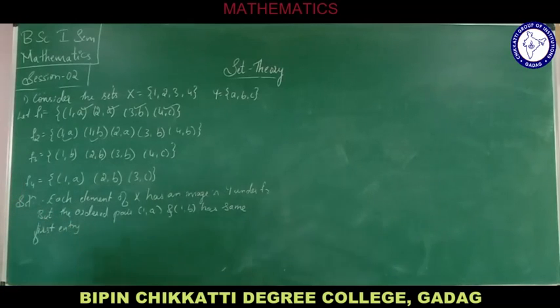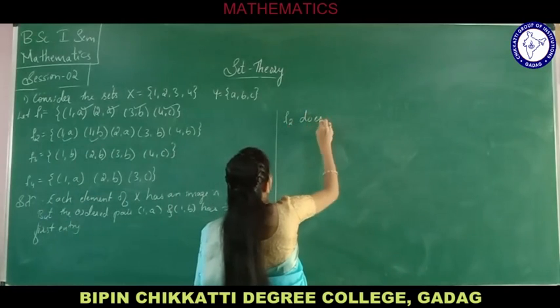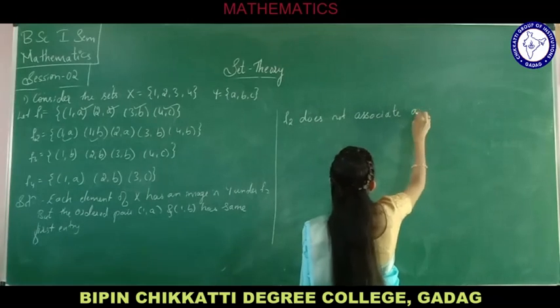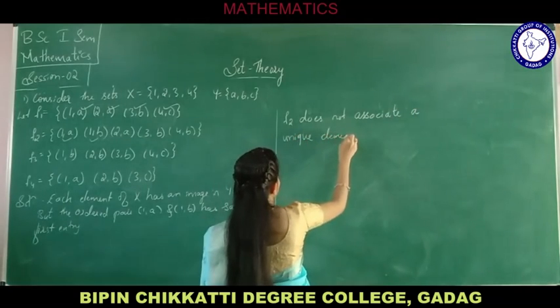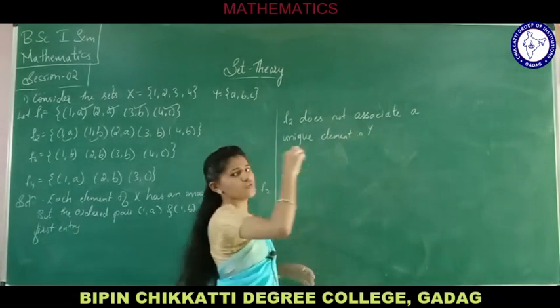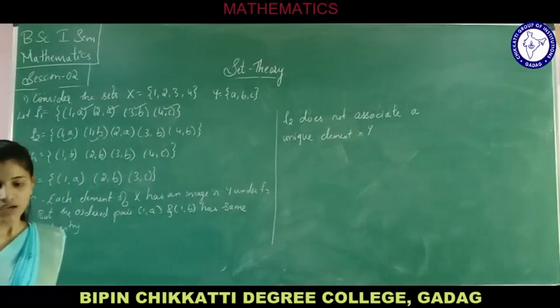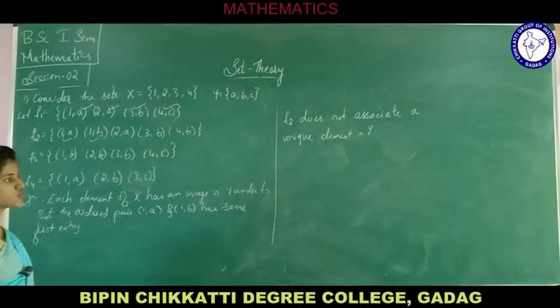So what is going to happen if it has the same first entry? f2 does not associate a unique element of Y. If it does not associate a unique element in Y, then what is going to happen? That is, f2 is not an onto function from X to Y.